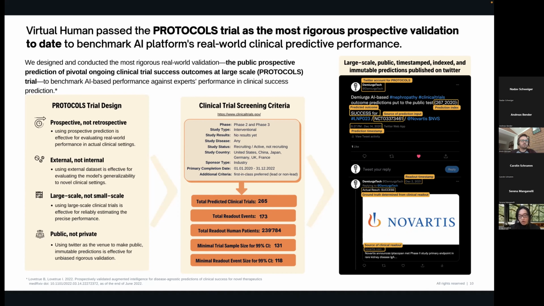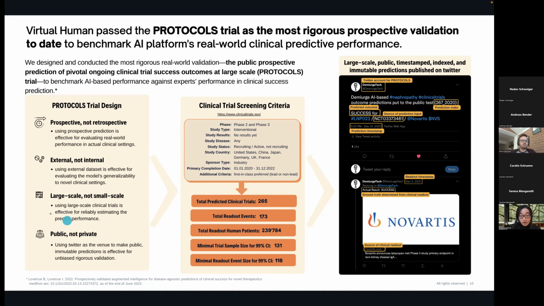We reserve all the clinical trials just for testing the platform. That's the reason why our validation is external validation that could reflect the true predictive power when the platform is confronted with new indications or new patients without any historical clinical trial data.